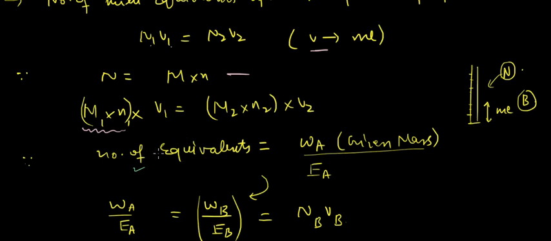Okay, so we also know from a second formula that the number of equivalents of any substance is equal to the given mass of that substance, in this case A, divided by the equivalent weight of the substance. So in this case the number of equivalents of A, let's say we can write it in terms of WA upon EA and we can equate it to the number of equivalents of B, which would again be WB upon EB.